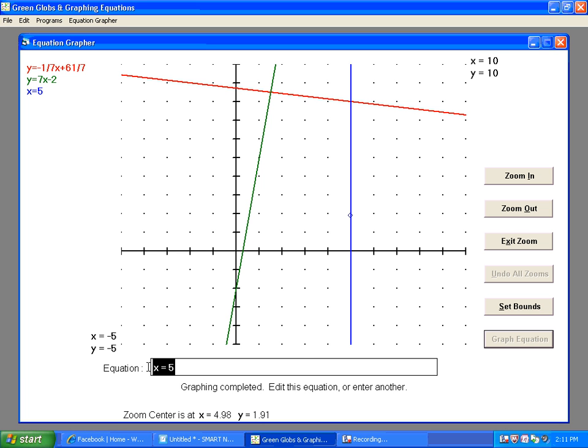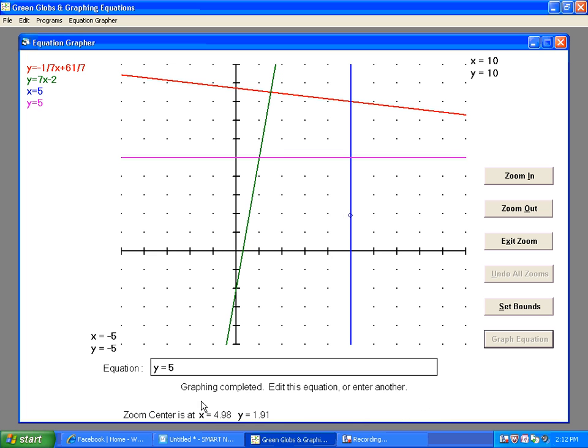I'm going to graph y equals 5. And there's our horizontal line. So if I could draw the third one on here without actually calculating it, from that point to that point, we'd have right through there. Okay, and that's what you're going to do on yours. You're going to have all three and all three perpendicular bisectors.